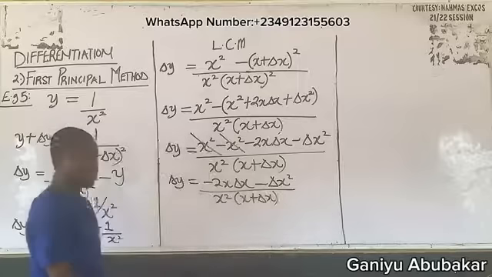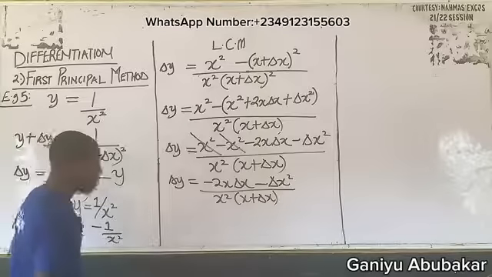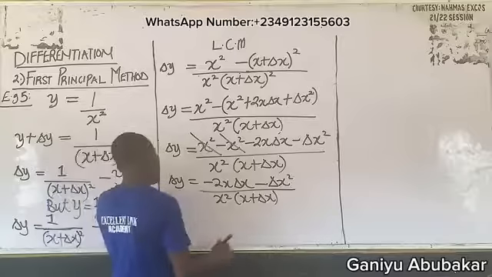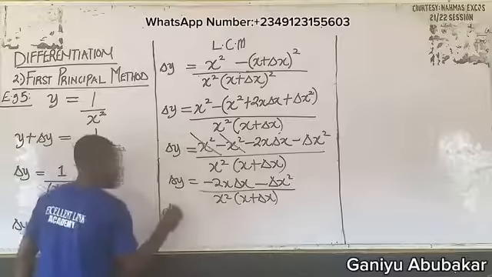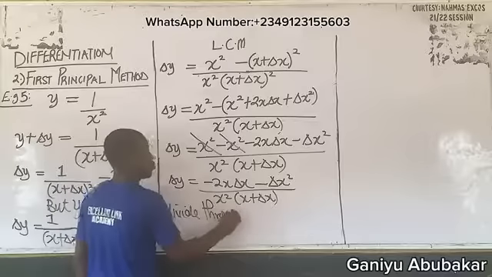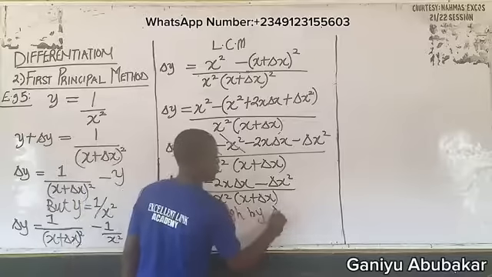From here, my next procedure is quite easy. After cancelling out, what's the next thing that comes to mind? I'll divide through by change in x.